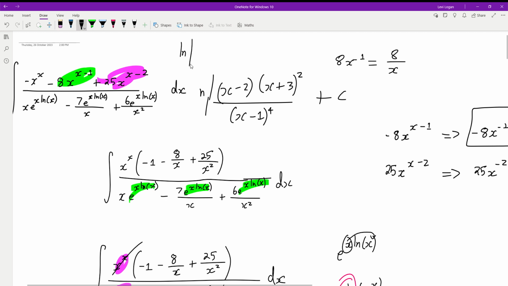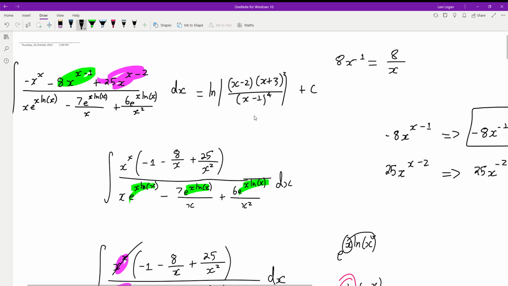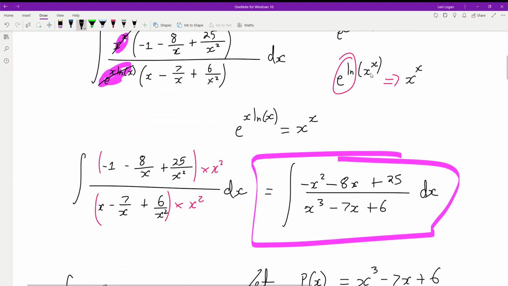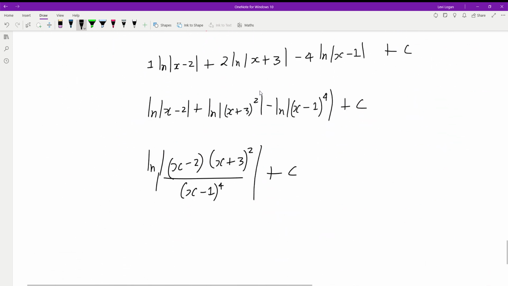I'll rewrite it like this. x minus 2 on x plus 3 squared on x minus 1 to the power of 4 plus c. Ta-da, that's it. So this chunky integral is just that, pretty much. I know, so easy. No, actually it was really hard. Just this factorizing bit, a lot of people wouldn't have been able to do because they wouldn't have known this fact here. And then, yeah, a lot of hard work, but we got there in the end.